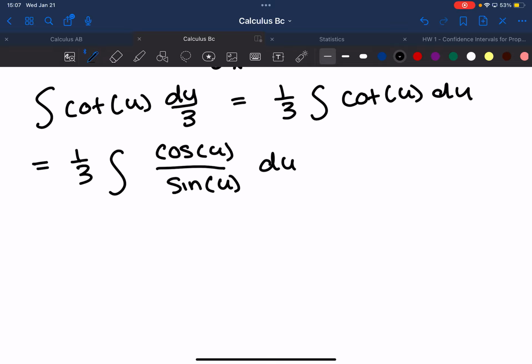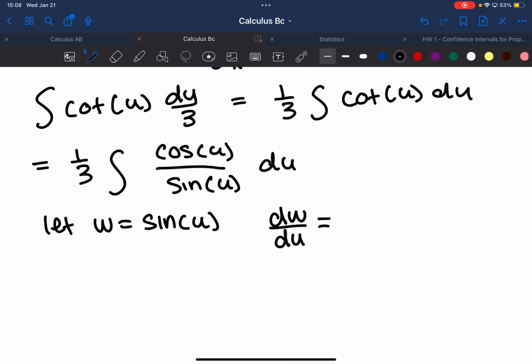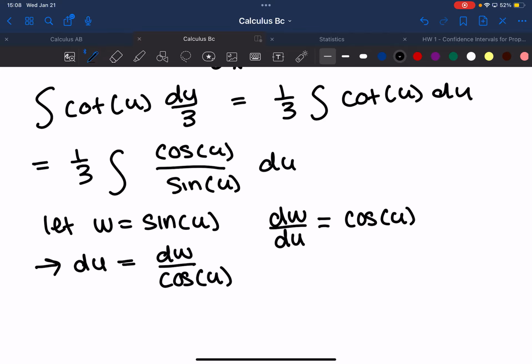Rule 2 says whatever your u is, if we can take the derivative, will it cancel something else out? Sine, right? So we're going to let w equal sine u, which means dw du is equal to, what's the derivative of sine? Cosine of u. That means du, if we isolate du, is equal to dw over cosine u. Remember, the goal is to cancel it out.